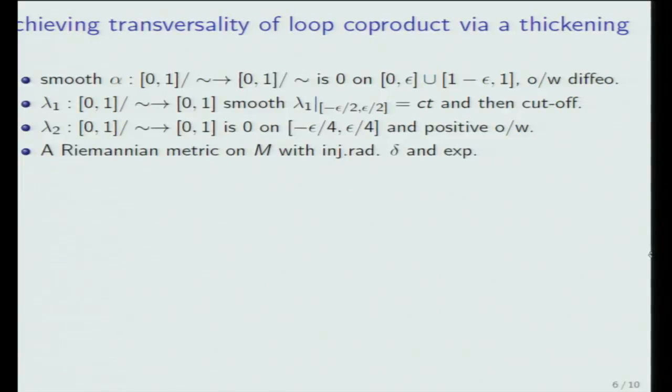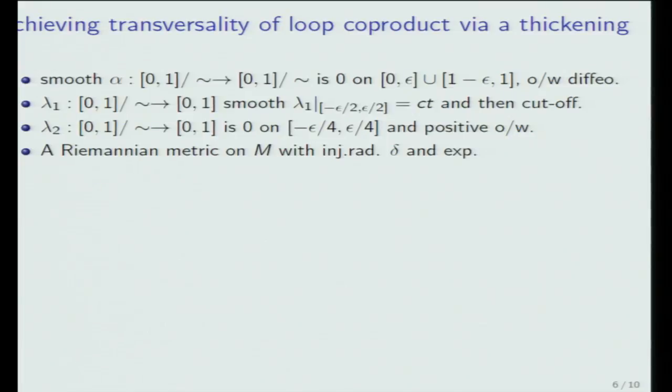To achieve this, we make some choices. Alpha is just a device that stops the loop near the base point. And lambda 1, lambda 2 are just two cutoff functions. The important thing is that they both vanish at the base point, and for non-base-point times, there is always one of them which is non-zero.